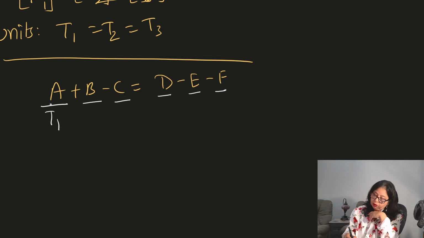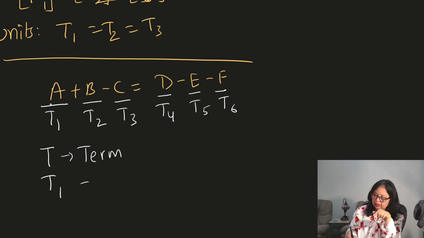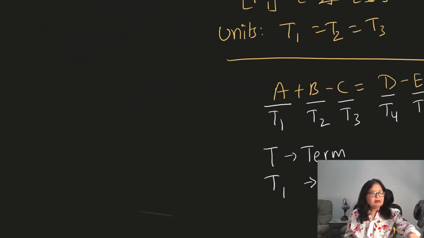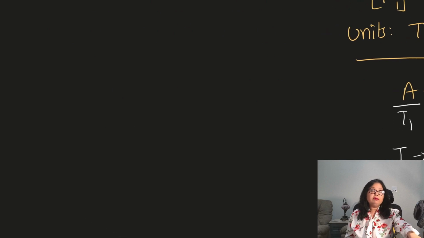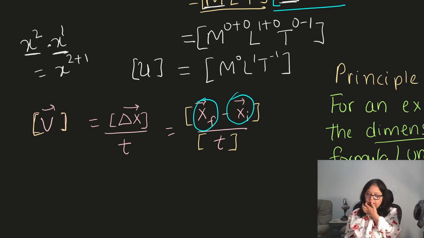So T1 is A, T2 is B, T3 is C, T4 is D, T5 is E, T6 is F. By the way, I hope you do know what I mean by this T. T is just term. So when I say T1, I mean term 1. Just using shorthand here. So this is the principle of homogeneity, and you will see several problems based on this very, very important principle.